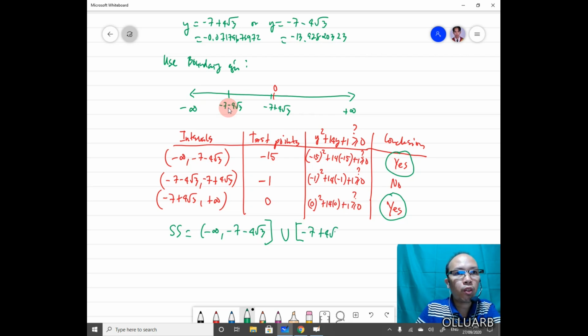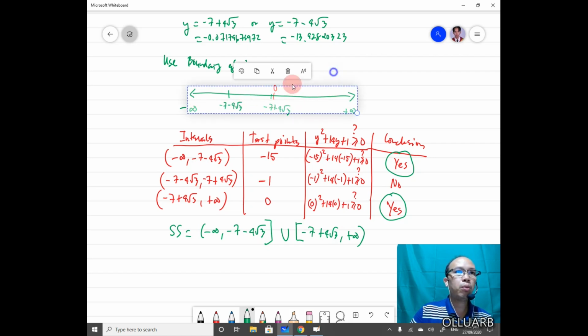At the endpoints the expression becomes 0, because of course this is a root of the equation.